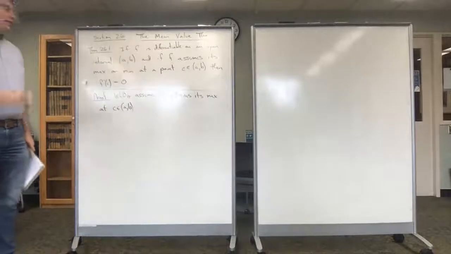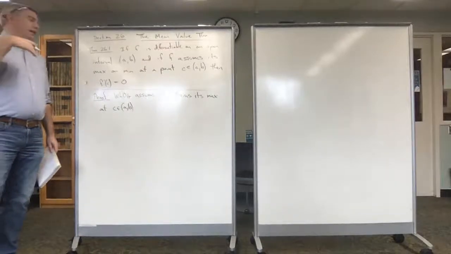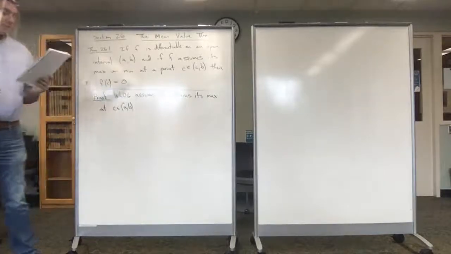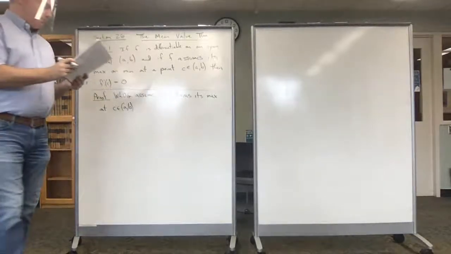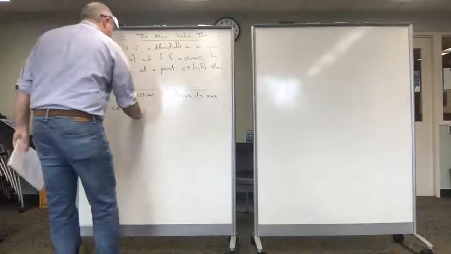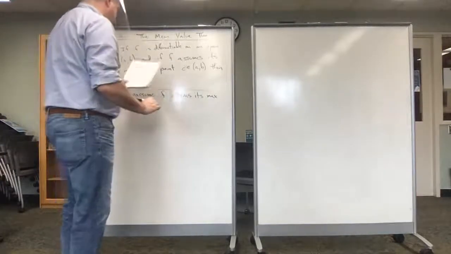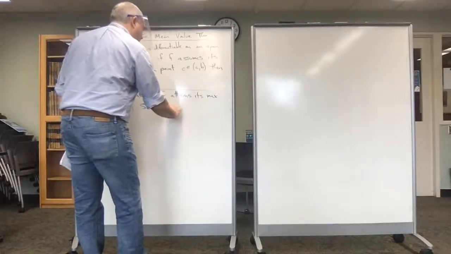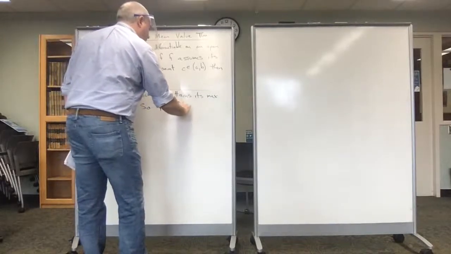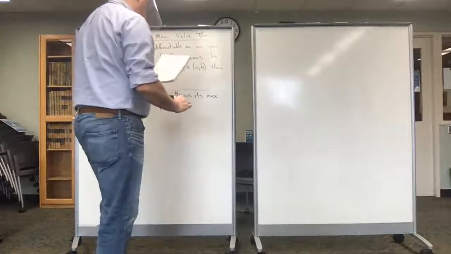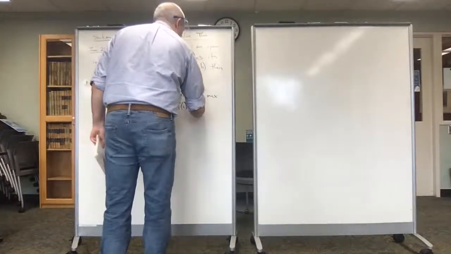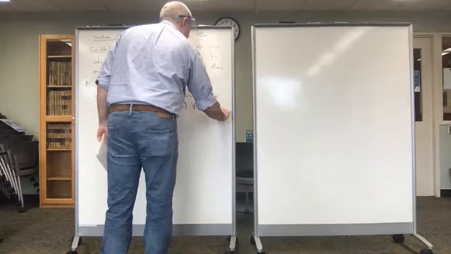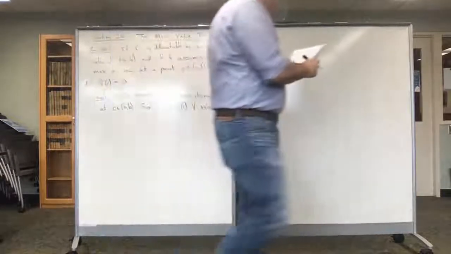As I'm saying, let's just say it hits a maximum. It could be a minimum, but the argument is very much the same. What it means to be a maximum value is that f of x is less than or equal to f of c for all x in (a, b).